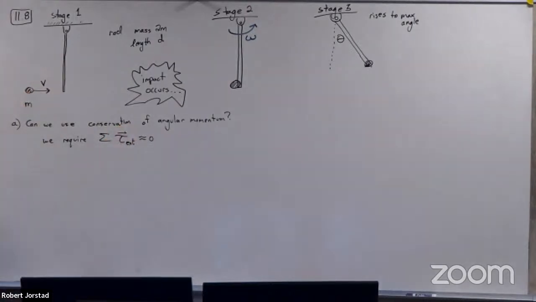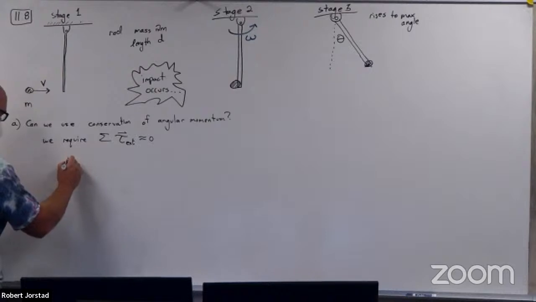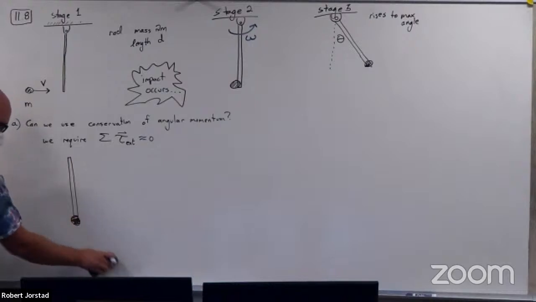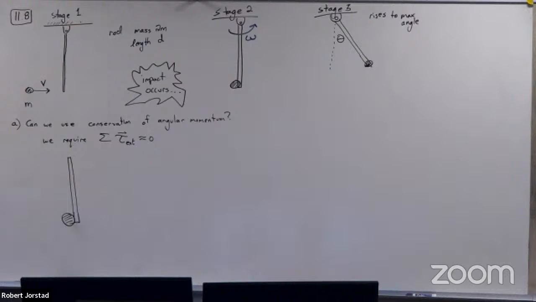Well, what are some of the forces acting on it? During the impact, here's the rod, here's the ball. Actually, let's draw it just as they start to touch. What is one force acting on the system? Any force. mg of what, the ball or the rod?